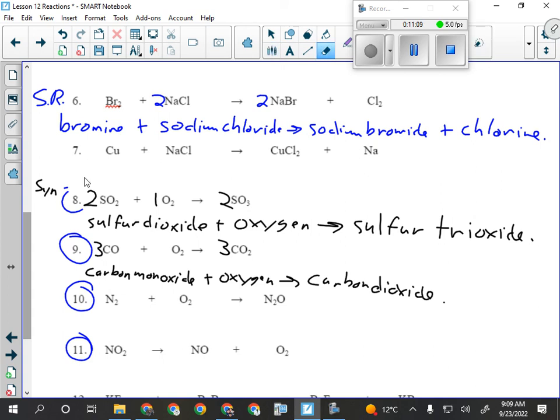Sometimes that happens. So what I'm going to do is, instead of using an odd number, I'm going to see if I can make this work with an even number. I'm going to try putting a 2 here. When I put a 2 here, what needs to go in front of this? Is it balanced?